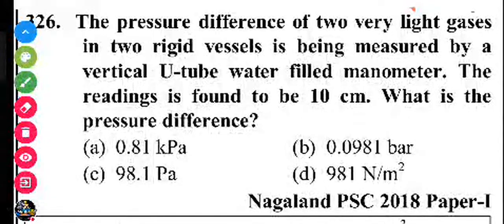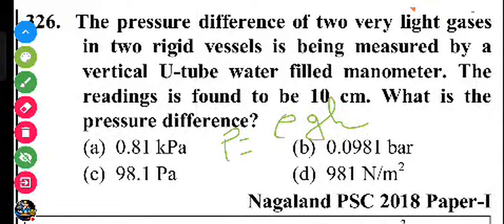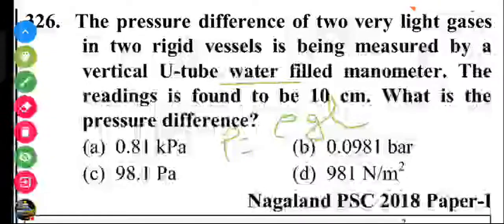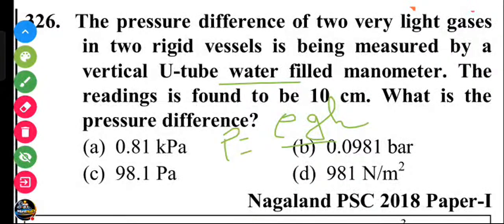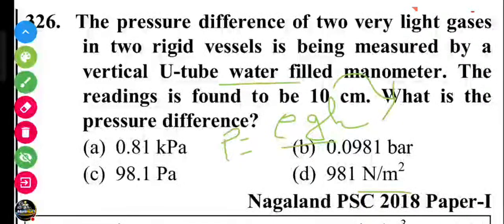We know the pressure difference P equals rho g h. Here rho is the density of water, 1000, g is 9.81, and h is 10 centimeter. The unit is Newton per meter square, Pascal. So 10 centimeter is how many meters? 10 into 10 to the power minus 2, so 0.1 meter.